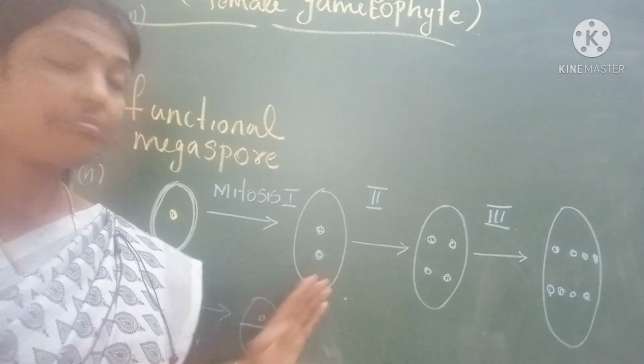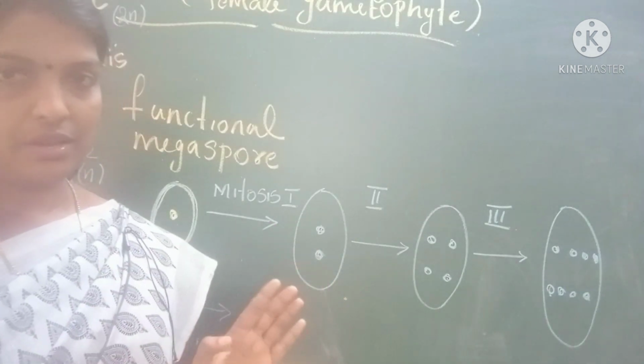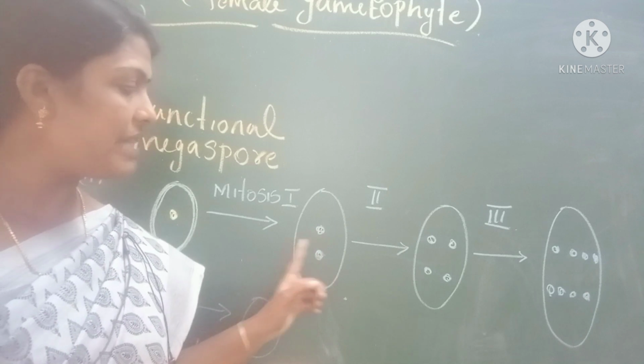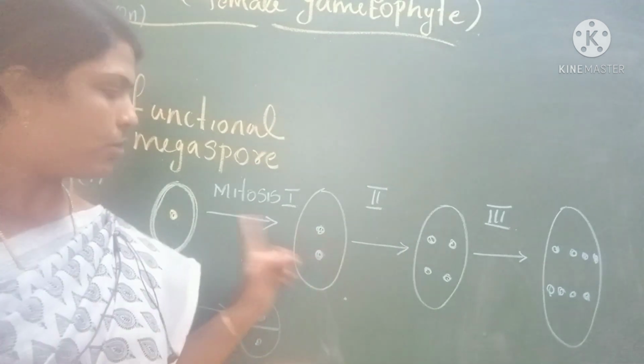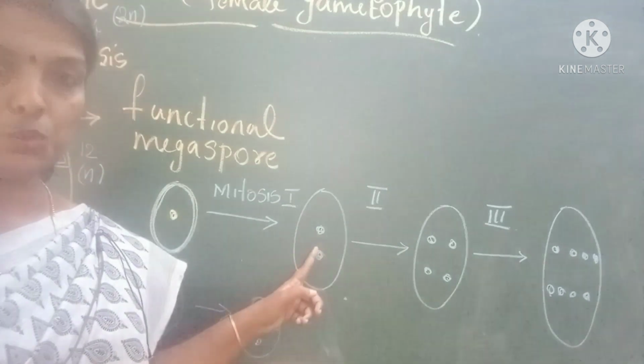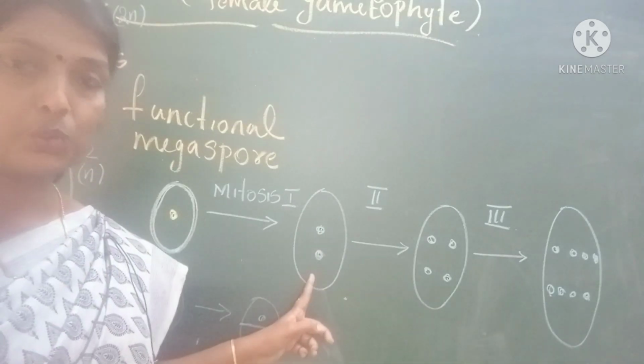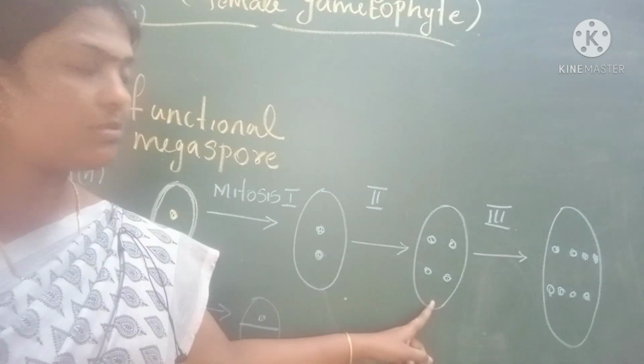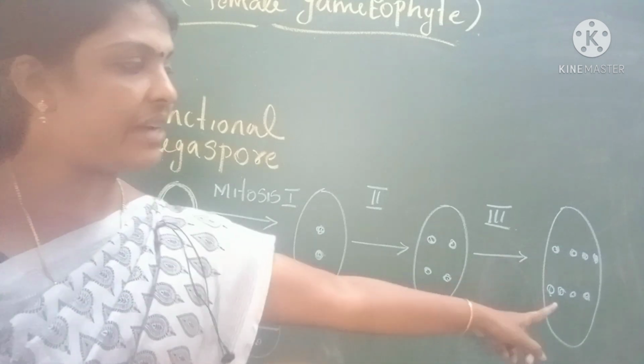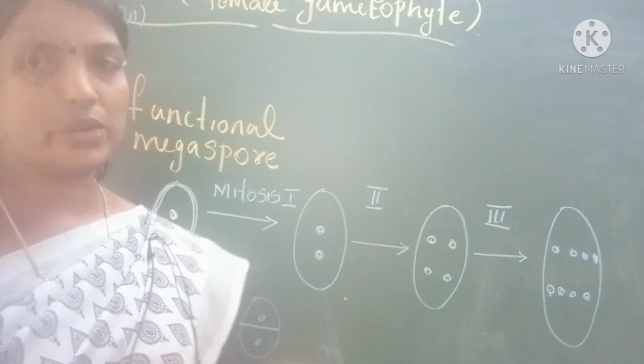But here there is no such case. That means no cell wall formation occurs. So first of all this megaspore becomes 2 nucleate. This condition is called the 2 nucleate condition. Then it becomes the 4 nucleate condition and at last the 8 nucleate condition.